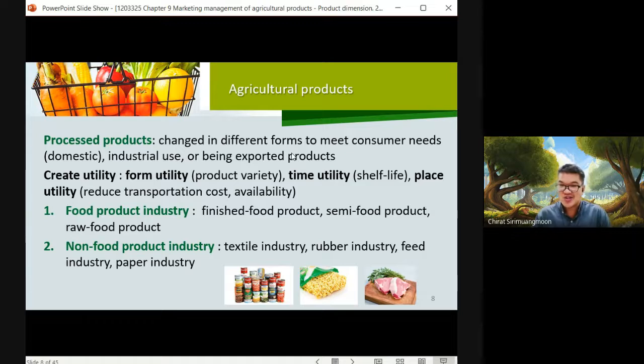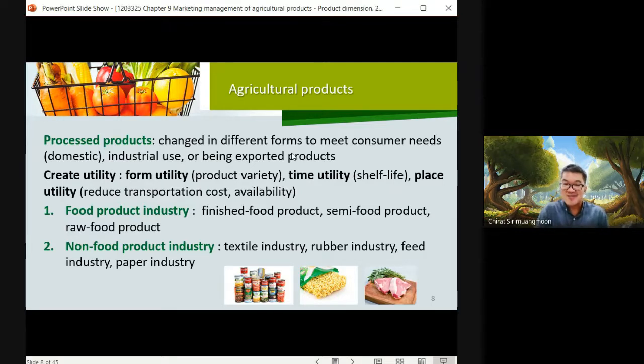Then you extend the shelf life. This is time utilities. You also have the place utility, that is actually you have the transportation to transfer the product from one place to the other place. And also it can be available for many places or available for all years. So this is the objective for the processed product.